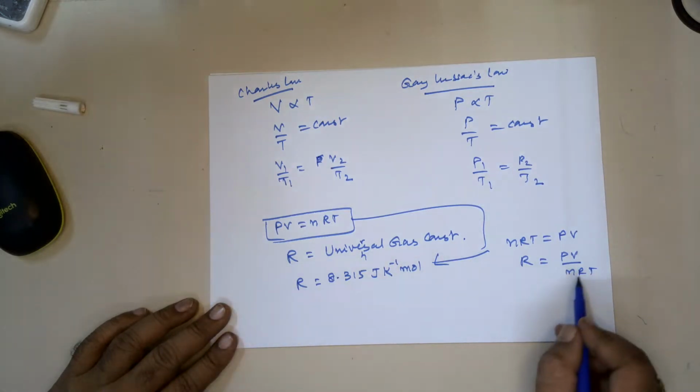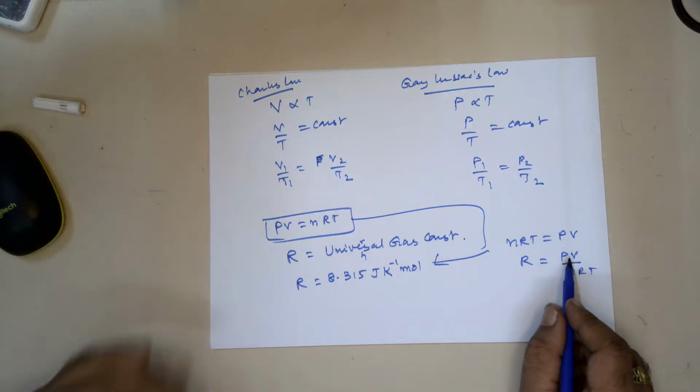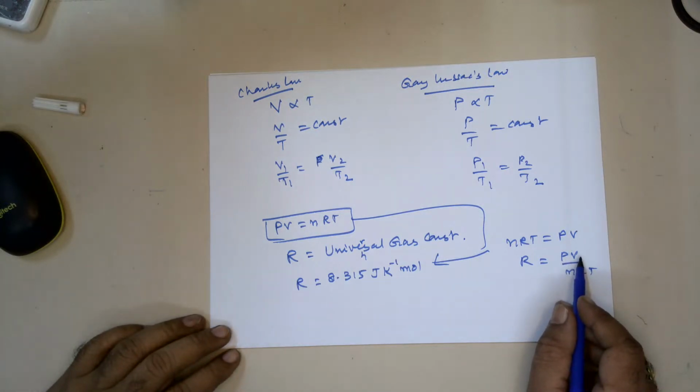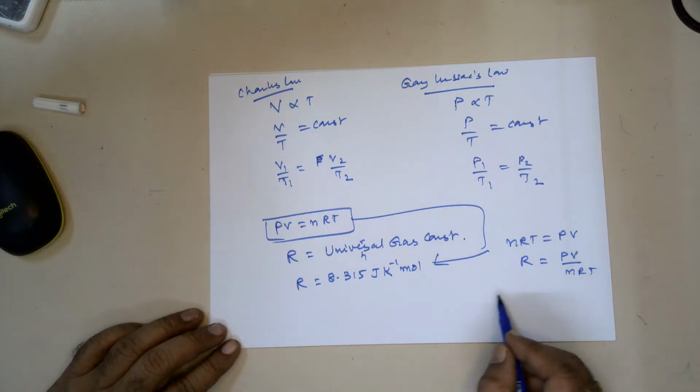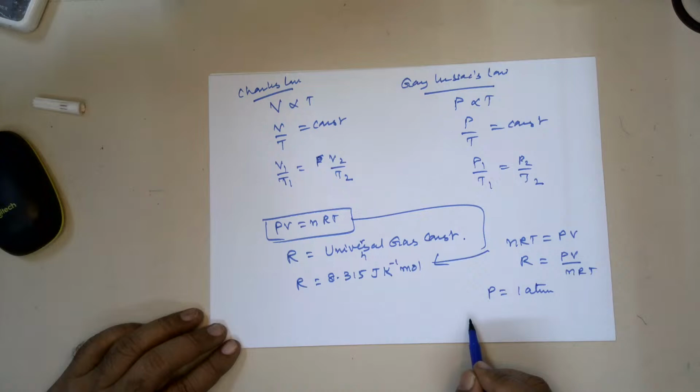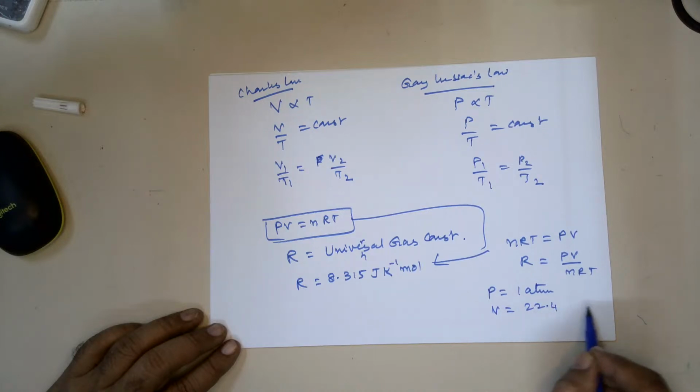Right? So, the pressure is 1 atmosphere and volume is 22.4 liters at STP.